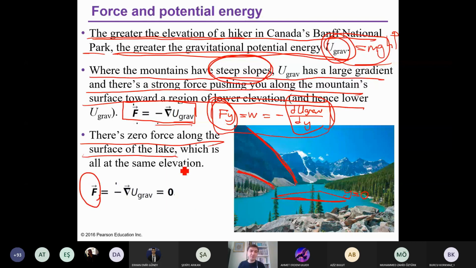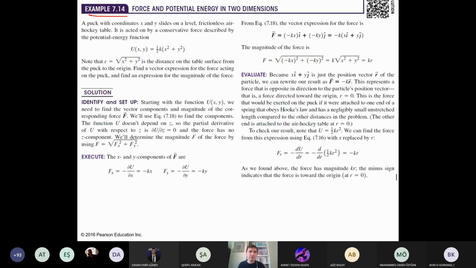Any question? Let me continue with example 7.14. Now let's discuss the force and potential energy in 2 dimensions. A puck with coordinates x and y slides on a level, frictionless air hockey table.